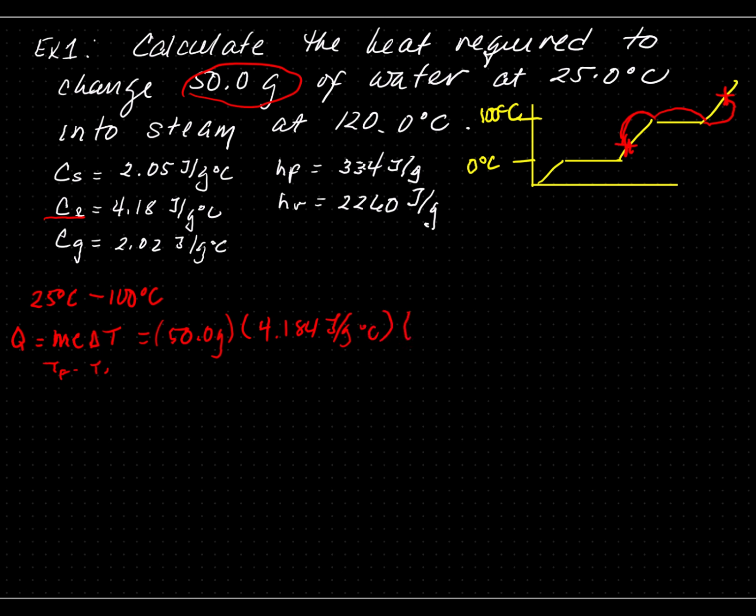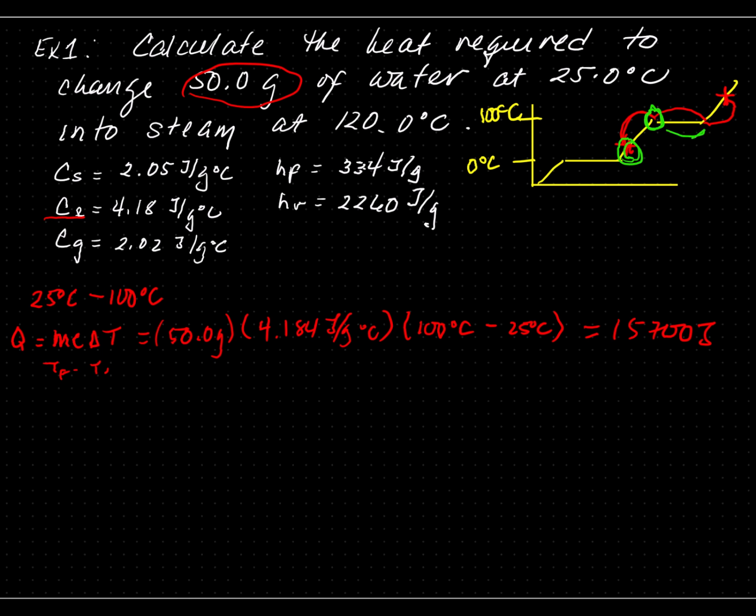Since it went from 25 degrees Celsius to 100 degrees Celsius, my final temperature is 100 degrees Celsius minus 25 degrees Celsius. 100 minus 25 is 75, times 4.184, times 50 will give you approximately 15,700 joules.